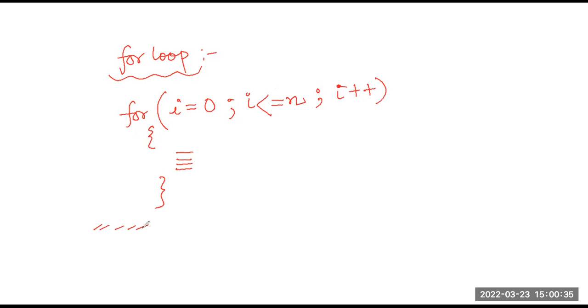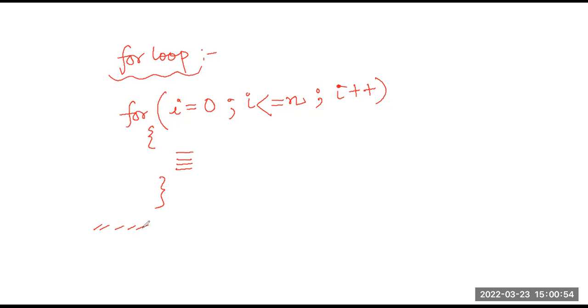अब फॉर लूप इज अ डेफिनिट लूप. व्हाई इज अ डेफिनिट लूप? Because here the programmer will know exactly how many times the loop will repeat.